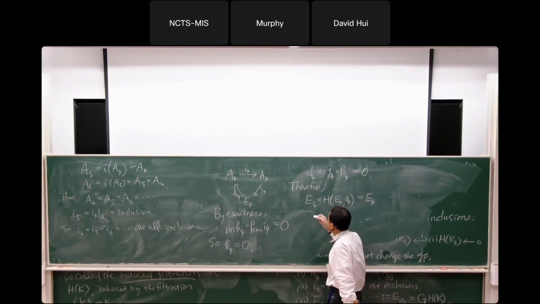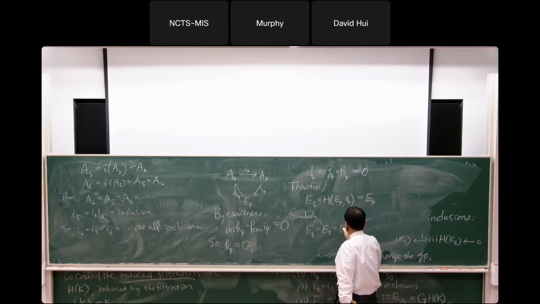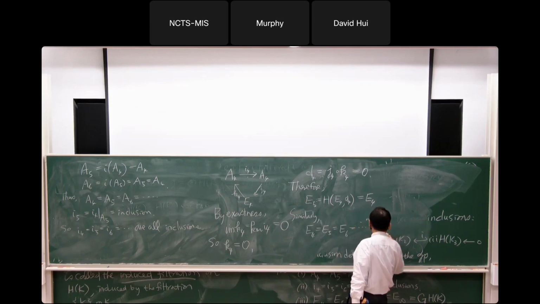And then similarly, the same argument proves that E6 is E5. So E4 is E5 equals E6, and so on. Okay? So it stabilizes.